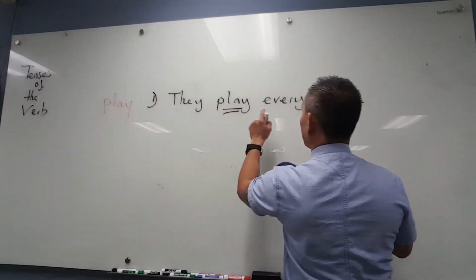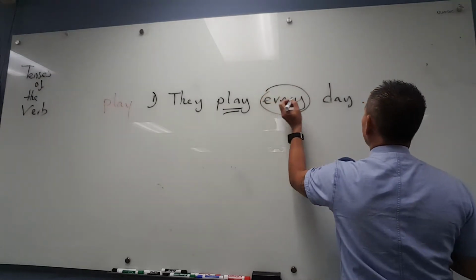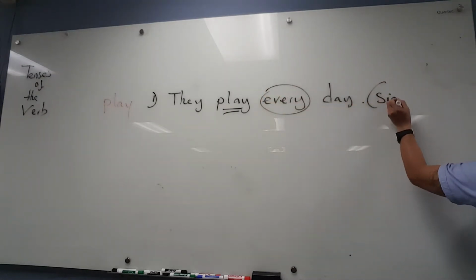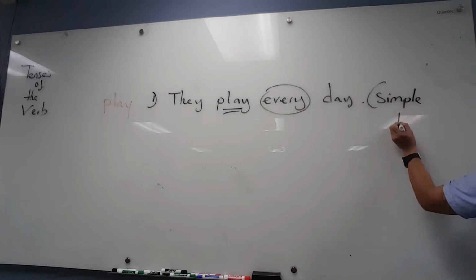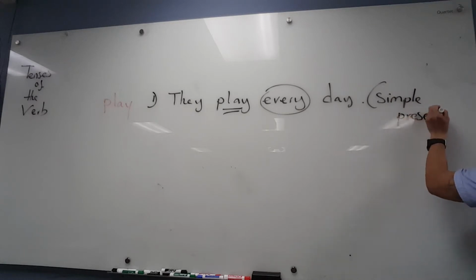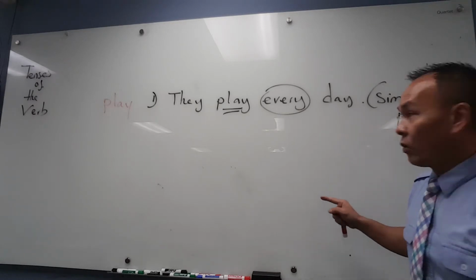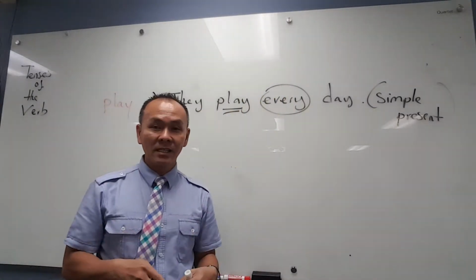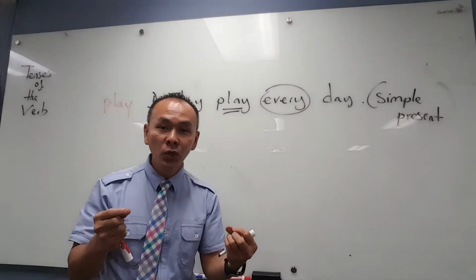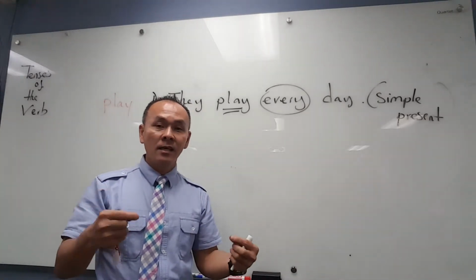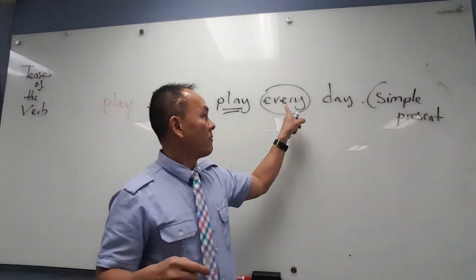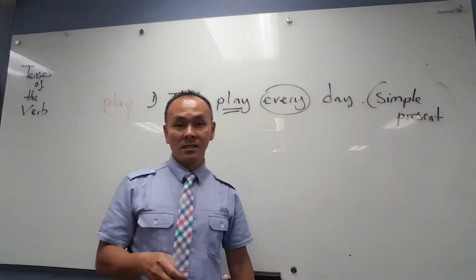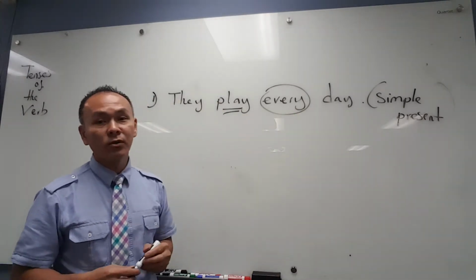So because of every day, this is called simple present. Okay? So we use simple present for everyday activity. Say together, simple present. Say together, everyday activity. Okay, so that's called simple present.